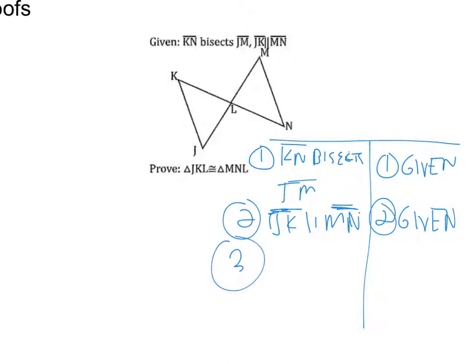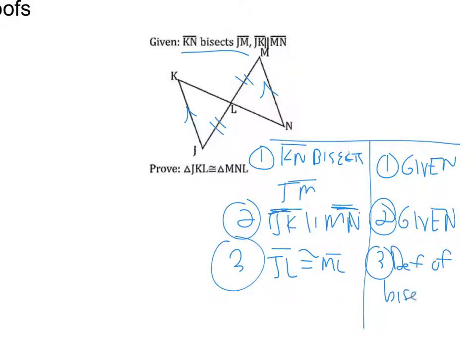So now what does it mean to bisect? If KN bisects JM, that means JL is congruent to ML, by definition of bisector.